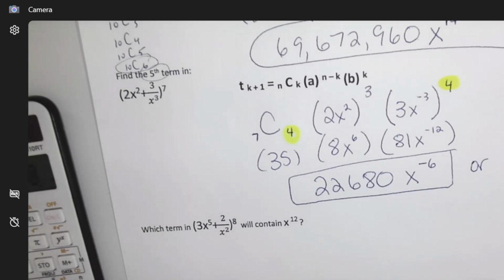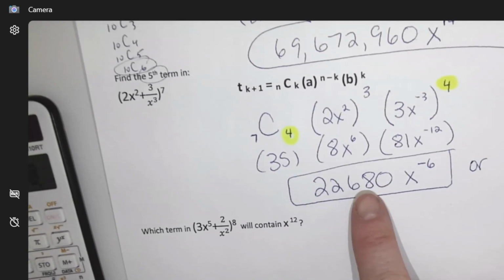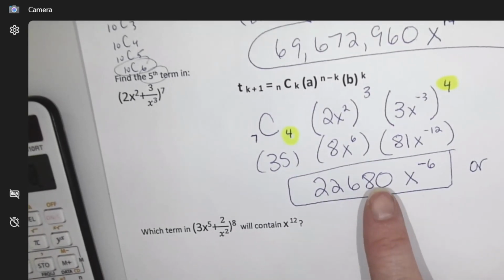Okay, and then I don't think it would matter how you write your final answer. I gave you kind of two options here about that x.